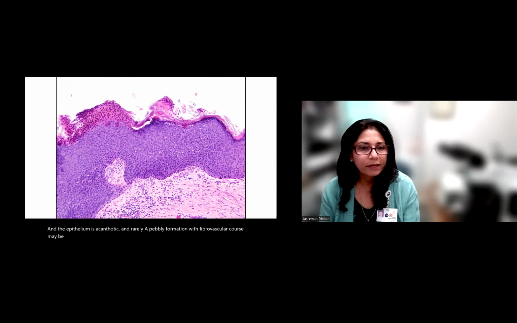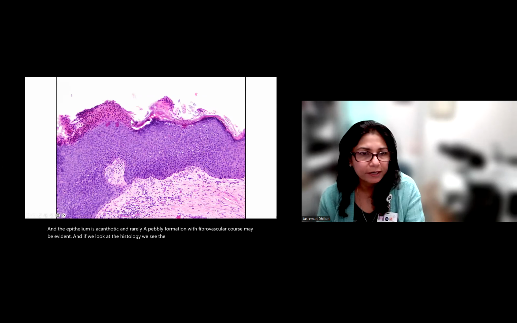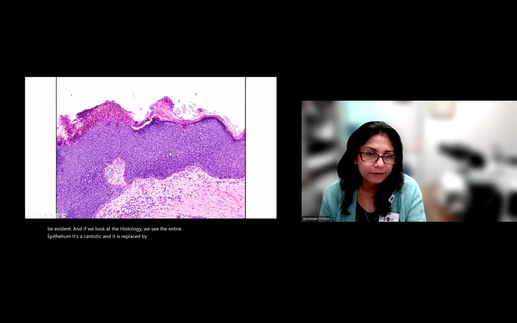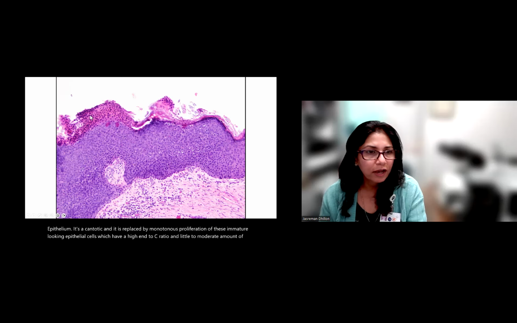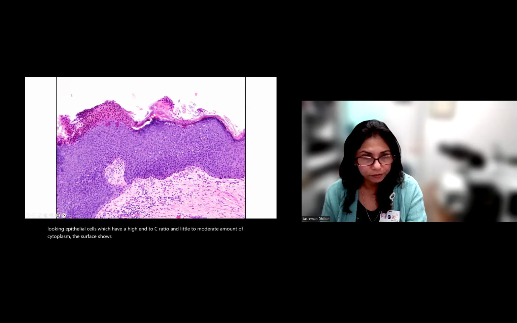If we look at the histology, we see the entire epithelium, acanthotic, replaced by a monotonous proliferation of immature-looking epithelial cells, which have a high N-to-C ratio and little to moderate amount of cytoplasm. The surface shows hyperkeratosis and parakeratosis.